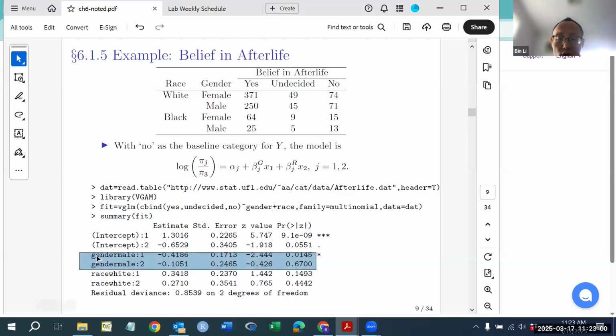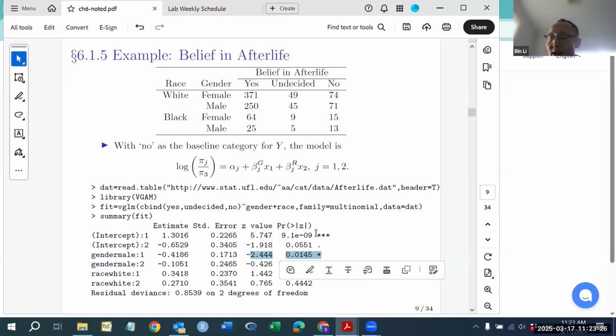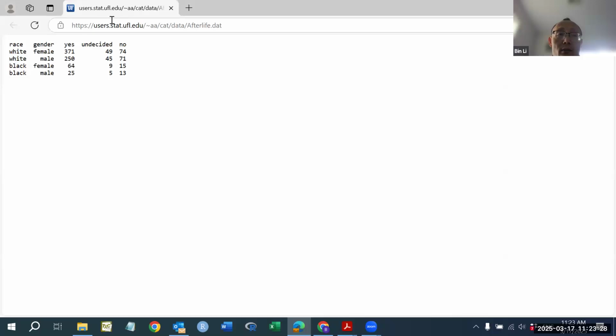That means for comparing the yes and the no, there's a significant difference between female and male, in terms of the log odds. But for comparing the undecided to the no, the female and male has no significant difference. You see that? That's from the Wald test. But can we test?